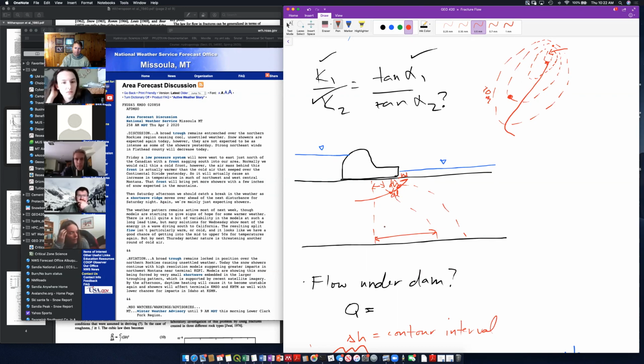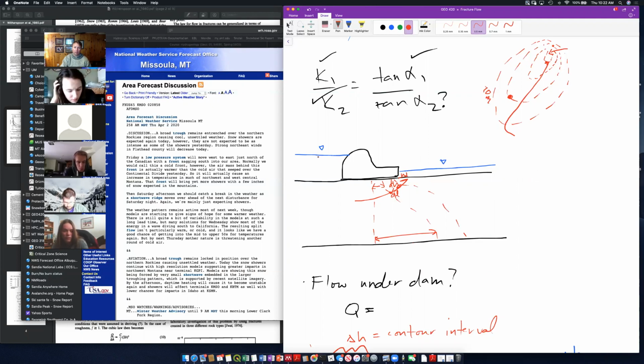How do you measure DL? You just take a ruler on your contour lines? Yes. And the same thing with DH? How do I measure DH? So the head drop, here it says 10 feet from below 6.